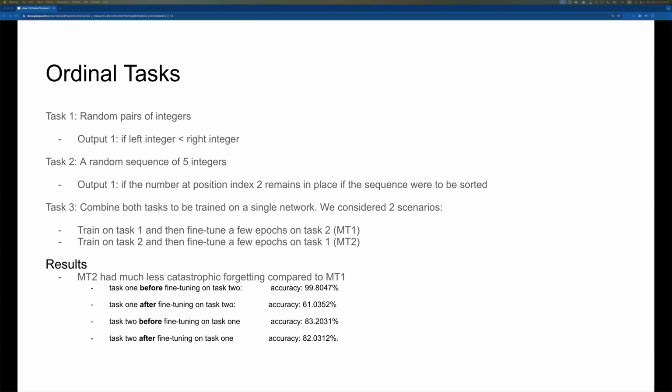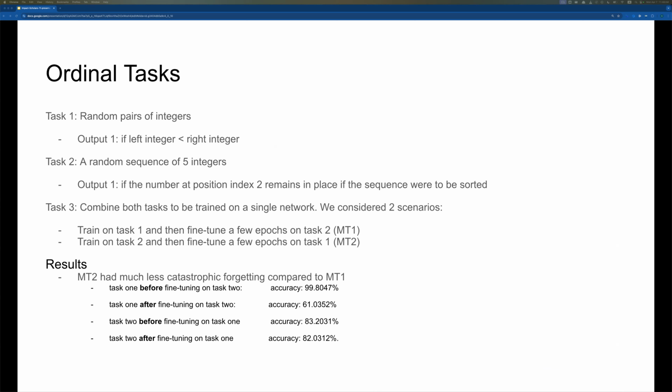After fine-tuning, it only dipped a little bit to 82%, versus the dip between 99% and 61% for MT1. The reason for this is that task 2 is much more complex. By the time it had to perform task 1, it had already learned a lot of structure. So there was very, very little forgetting, and it can reuse that structure for that task.